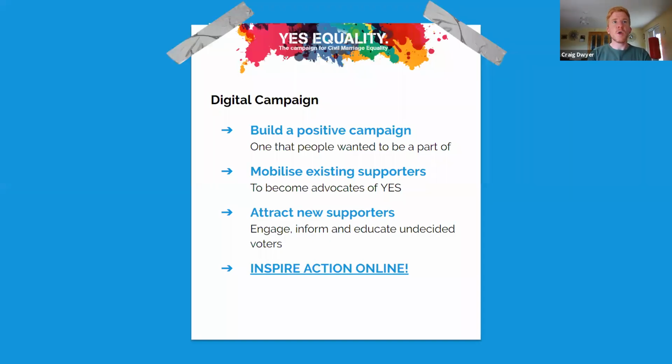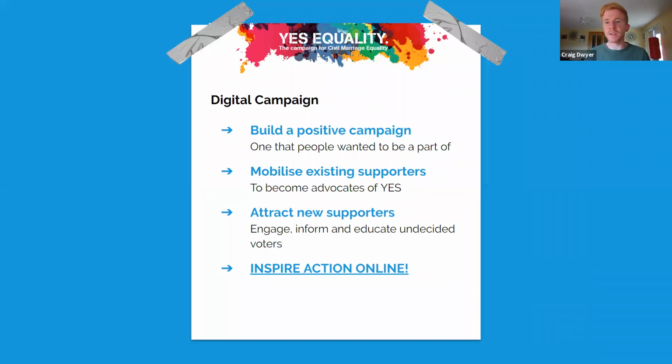So with the referendum campaign, we had been working on this for a number of years leading up to it, but more specifically since 2013, when we knew there was going to be a public vote on the issue. In 2013, we started working on what that referendum campaign would look like.